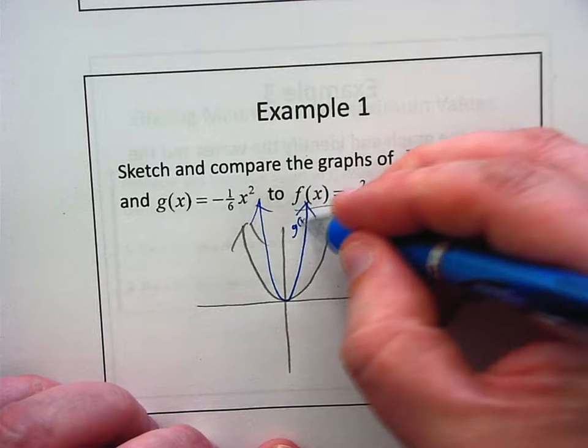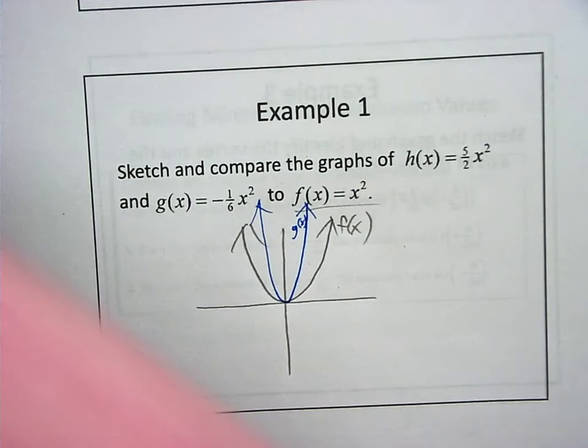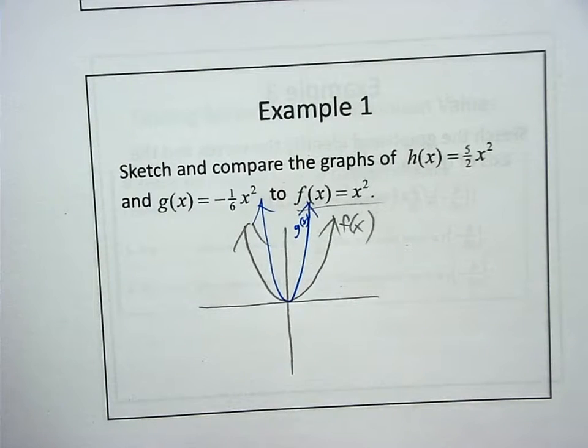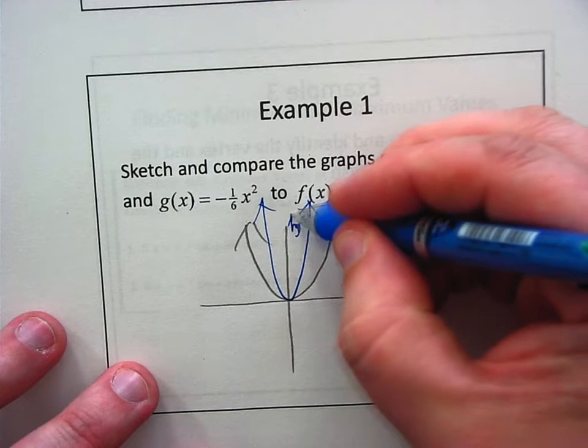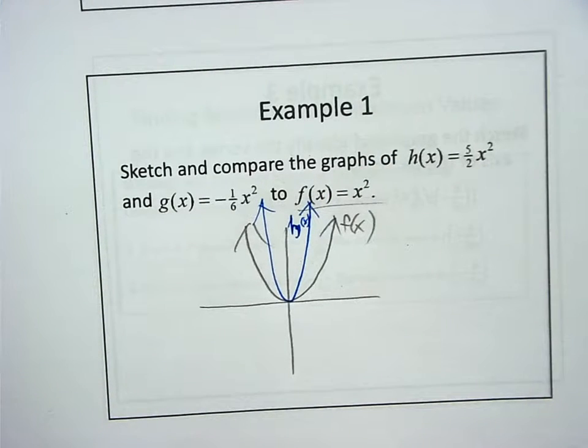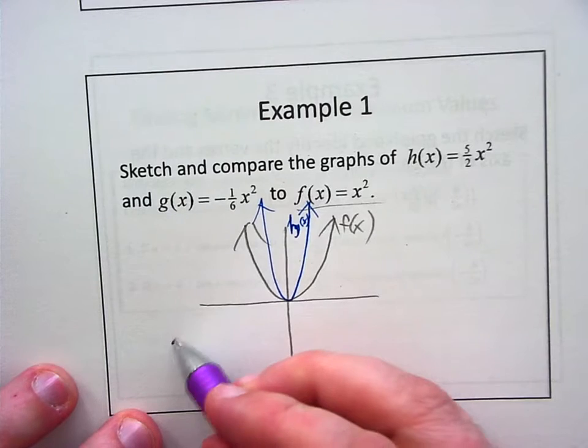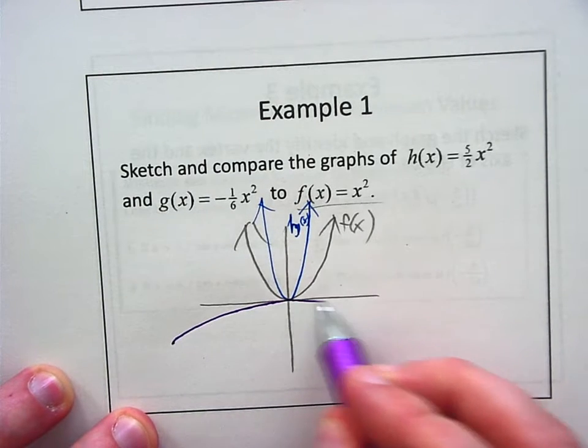So that's your g of x. What about h of x? And then the other one will open down and is very compressed vertically.